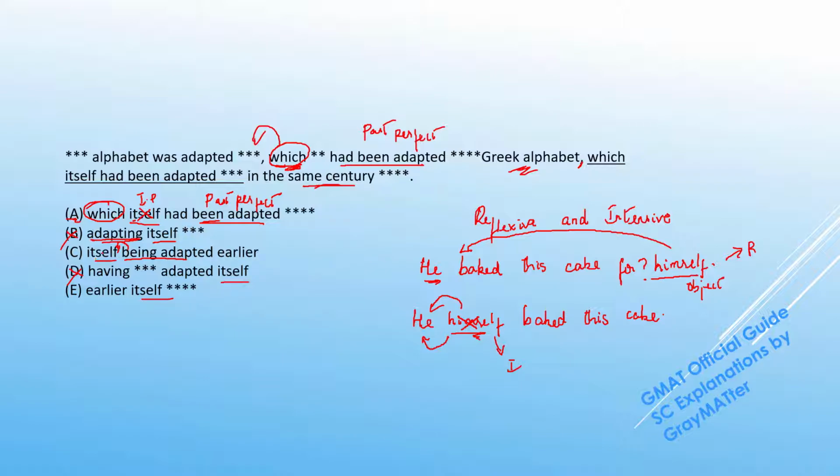So this is being used in the reflexive case, but using this as a reflexive pronoun is incorrect because the reflexive pronoun is meant to act as an object, not as a subject. So this construction is wrong. C goes off. And earlier itself. That's what E starts with. Earlier itself, are we trying to intensify earlier here? Of course not, right? We're trying to intensify the Greek alphabet, so E does not make sense as well. This leaves us with the right answer choice, A for alpha.